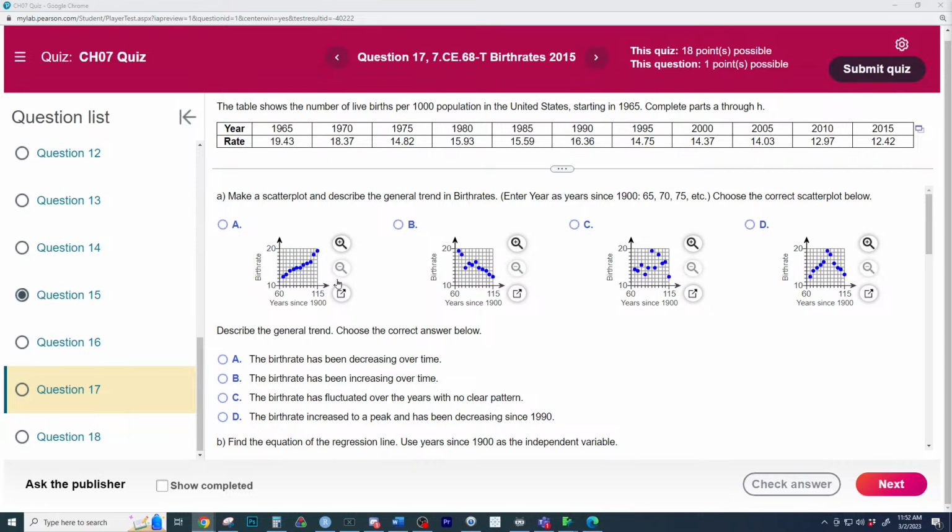If you start going through here, you'll notice that the birth rate is declining. 19, 18, 14, 15, 15, 16, 14, 14, 14, 12, 12. So this one has the high value in the middle, as does this one. The high value is here at the start. So the only one that has the high value at the start is this, where 19's at the start.